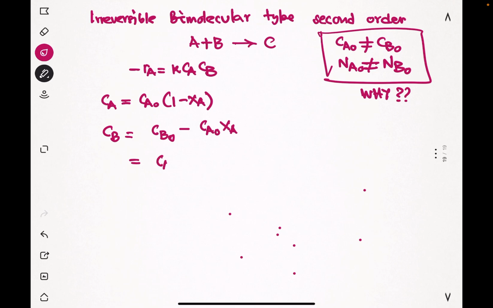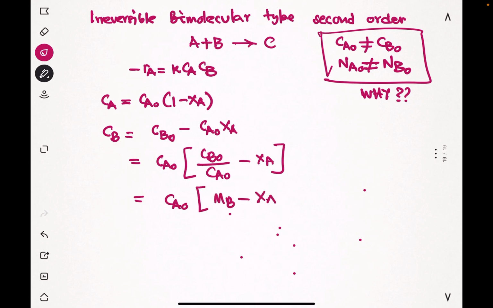Now, if we take out CA naught from this equation, we can write it like this. And then here MB is nothing but the ratio of initial concentrations of B and A. The reason we are doing it like this is to put both the concentrations of A and B in a similar form.